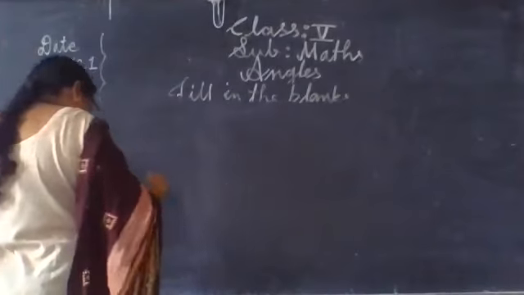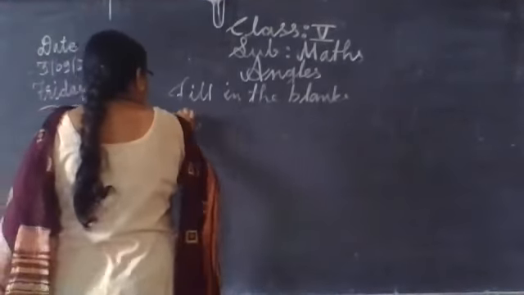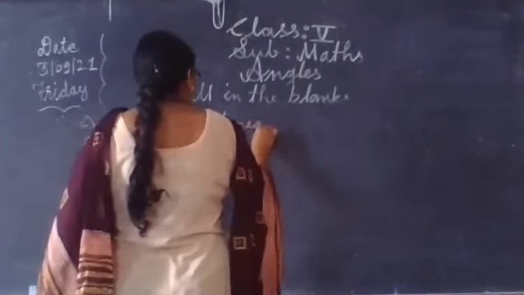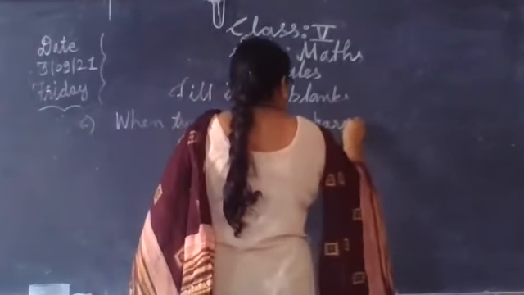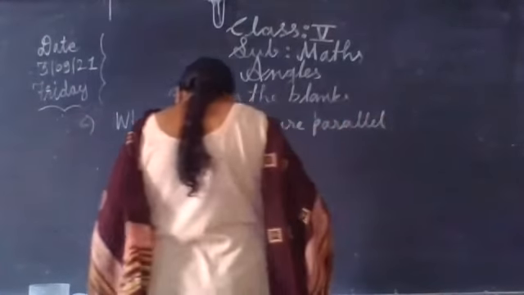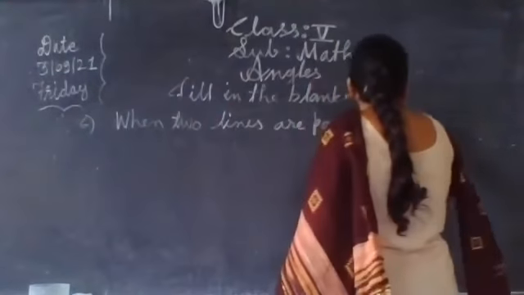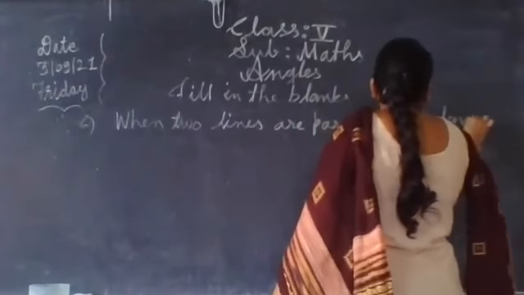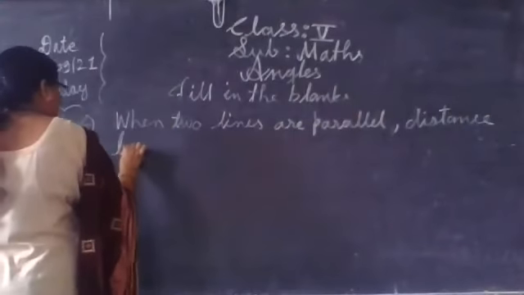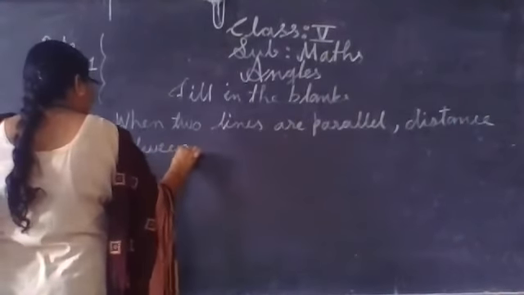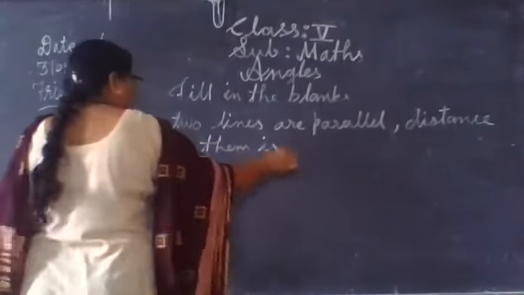When two lines are parallel, the distance between them is dash.